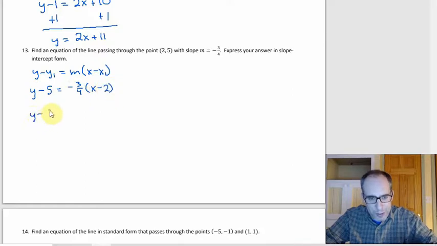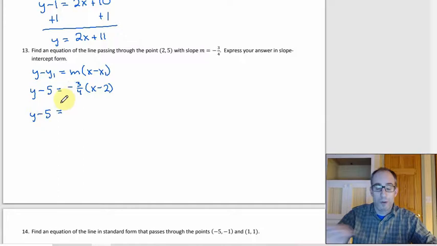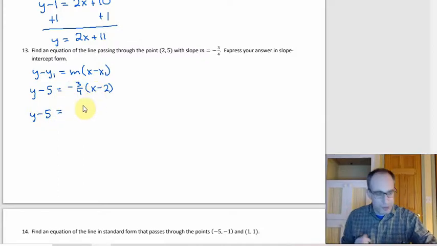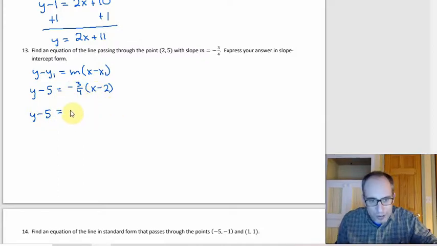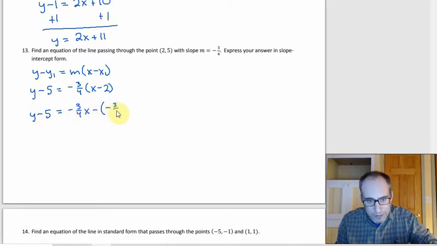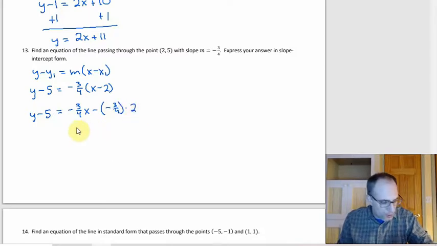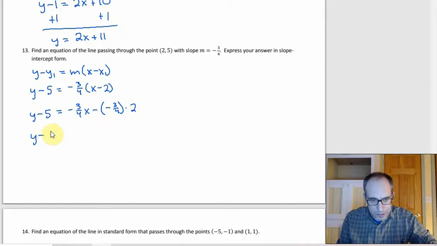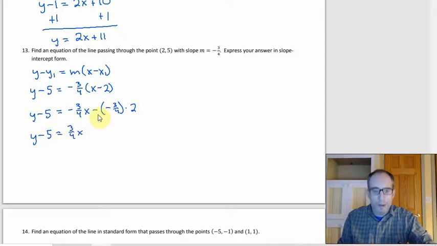All right, so y minus 5 will stay y minus 5 for now, and then I'll distribute the negative 3/4 over here. So we're going to have negative 3/4 x minus negative 3/4 times 2. All right, well then we're going to have negative 3/4 x, and then minus a minus would be a plus, so really this will just be plus 3/4 times 2.